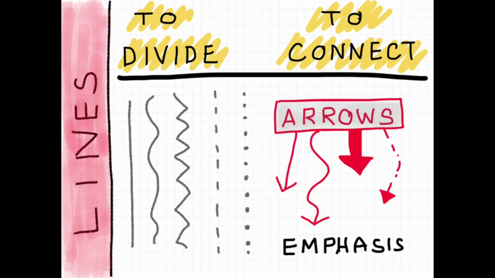You also are going to need to use lines to organize your ideas. Sometimes the lines will be used to divide one idea from another, and sometimes they will be used to connect an idea together. Use a variety of different kinds of lines: straight, curvy, zigzag, dotted lines. And then don't forget about arrows.